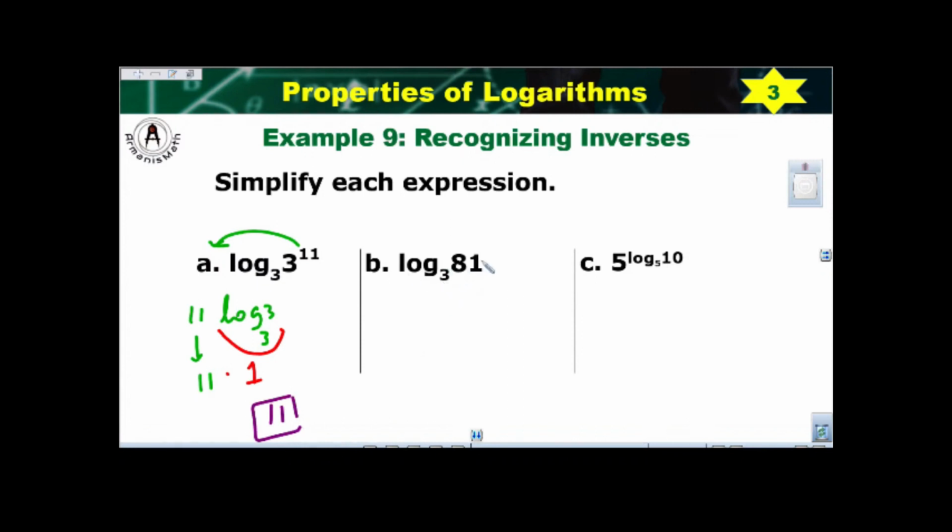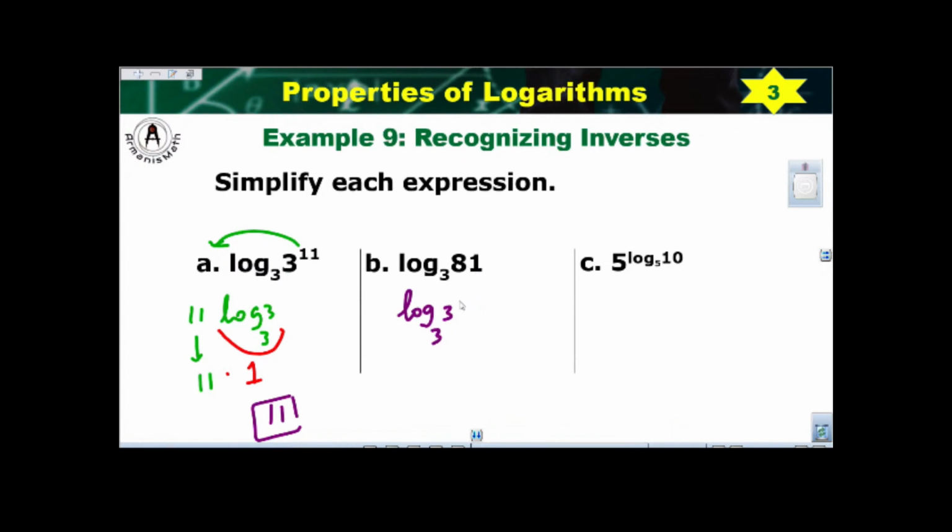Let's take a look at this guy here. I've got log base 3 of 81. I have to think a little bit about this. How would I break 81 in terms of powers of 3? Log base 3, 3 to some power. 3 to what power gives you 81? To the third or fourth? Are we sure?